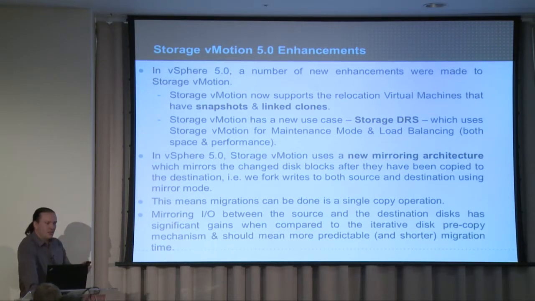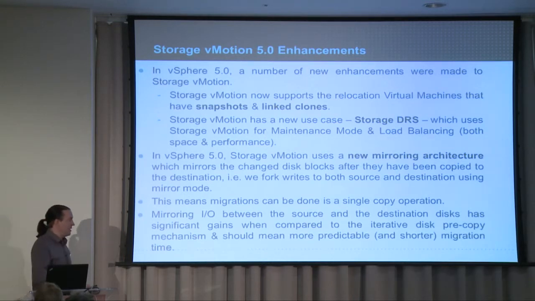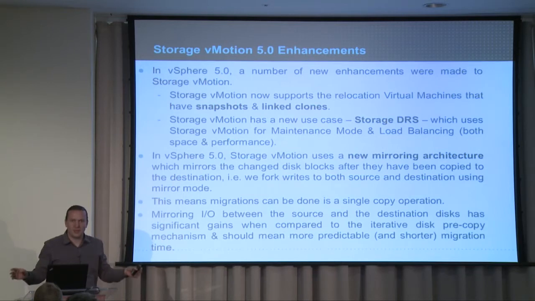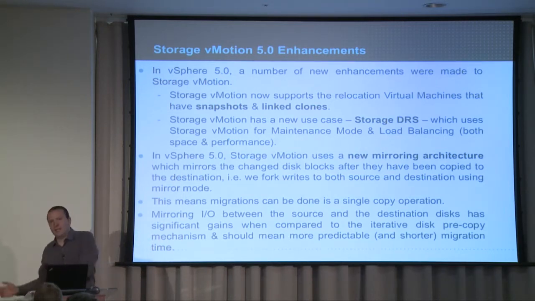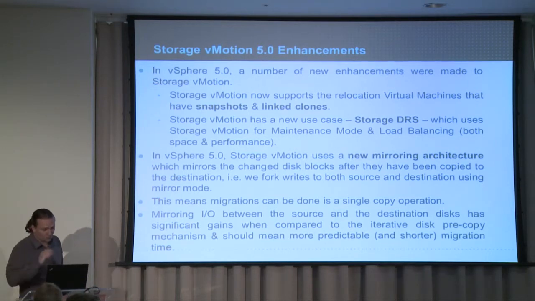Used to be that they did a difference, yeah? So you move as much as you can. What's the difference? You move the difference, blah, blah, blah. Now it uses mirroring. So instead of having to do that diff move every time, it mirrors the writes as it's being moved. And so it's much more efficient. For speed, whether it's more efficient for using up your storage resources is another question, but it's definitely faster.